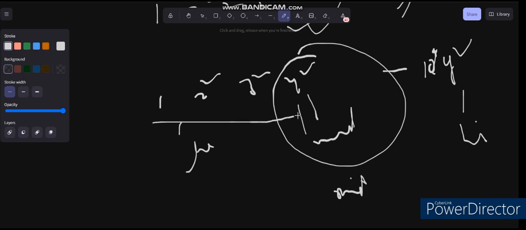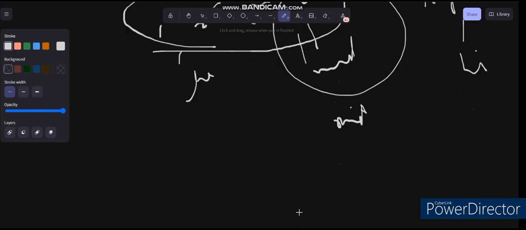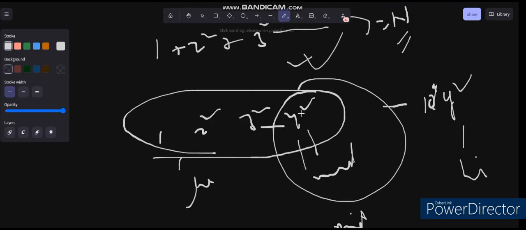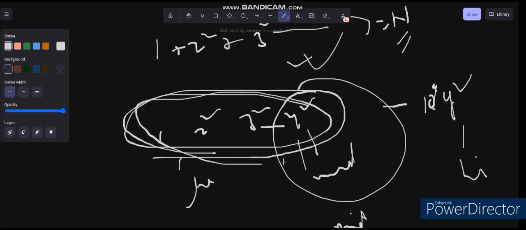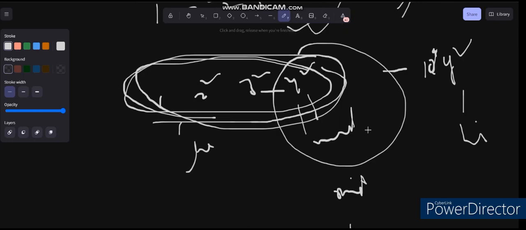If the sum 1 square plus 2 square plus 3 square plus so on till mid square is greater than or equal to the energy which we have, then we cannot take these many elements. We'll have to decrease certain elements, as it is already greater than or equal to the energy we have. So if this is the case, then we will have to do high equal to mid minus 1.